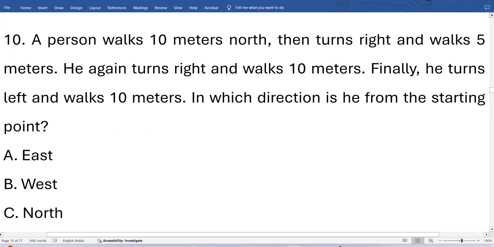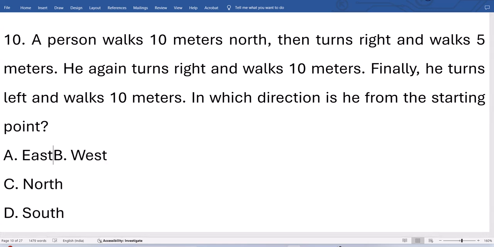What concept? Directions. Now let me know the answer. A person walks 10 meters north, then turns right and walks 5 meters, turns right and walks 10 meters, finally turns left and walks 10 meters.